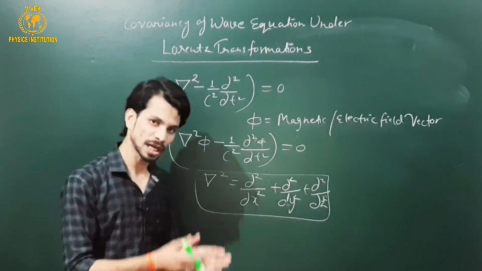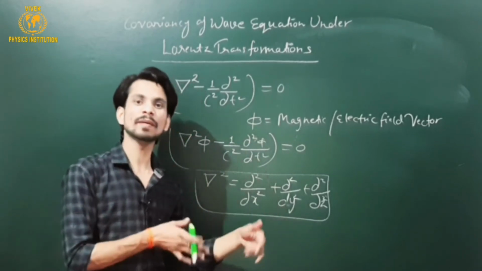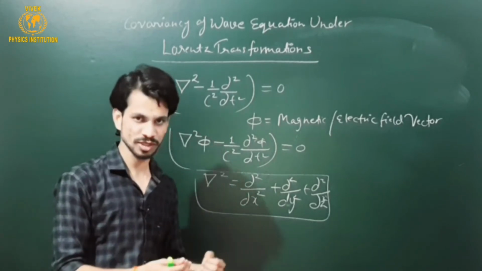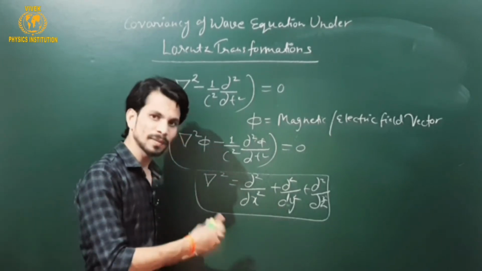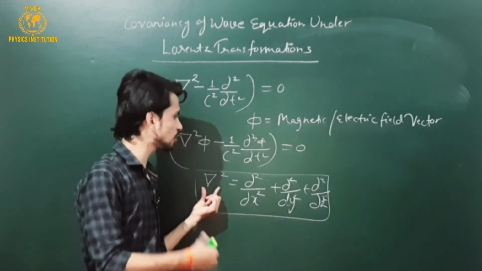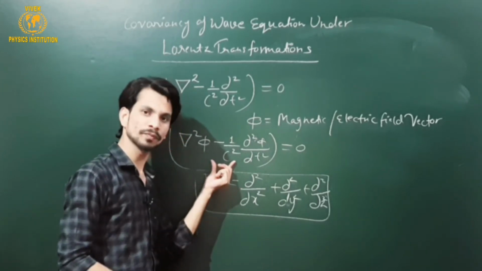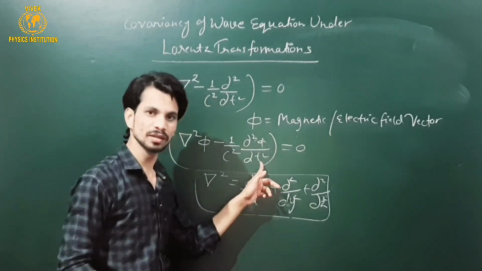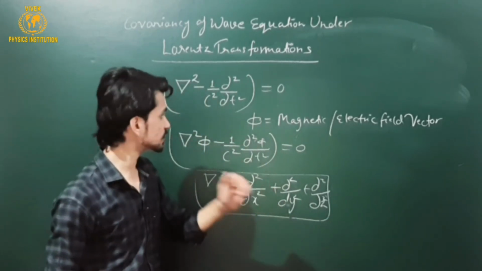When I apply the Lorentz transformation, as I applied the Galilean transformation in the last video, in order to find the covariant form of this wave equation, I will change x, y, z and t according to the Lorentz transformation.